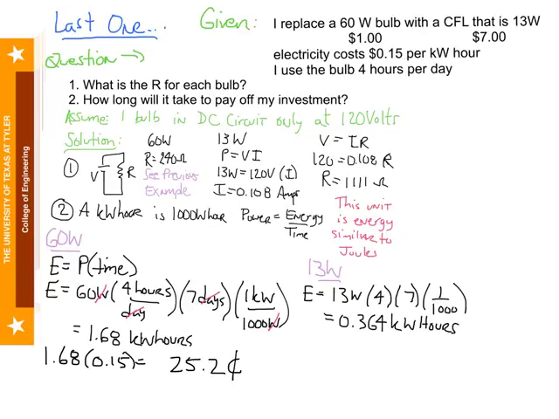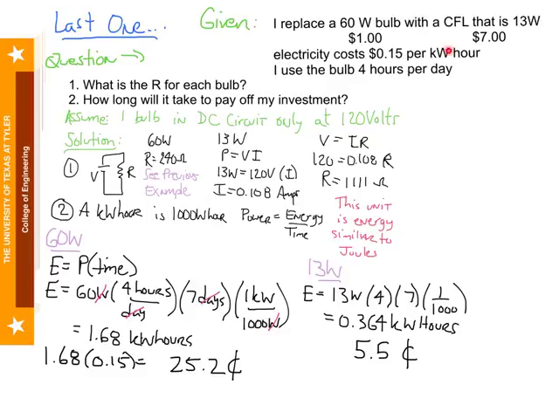Whereas for my 13 watt bulb, 0.364 kilowatt hours times 15 cents a kilowatt hour, I wound up with 5.5 cents over here. So clearly it's going to cost me less money to run this 13 watt bulb. Just in a week I saved about 20 cents.